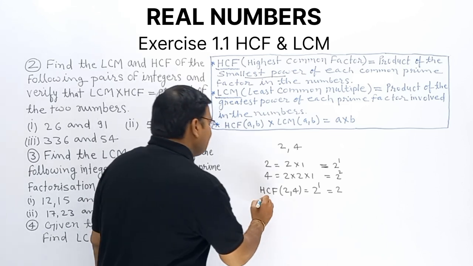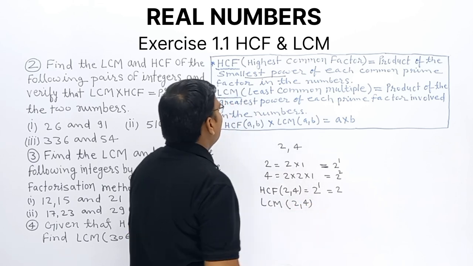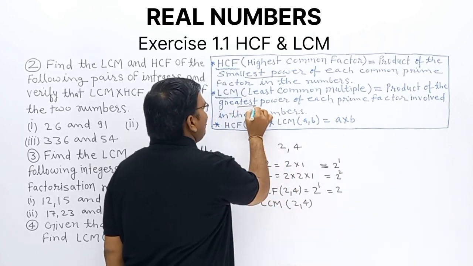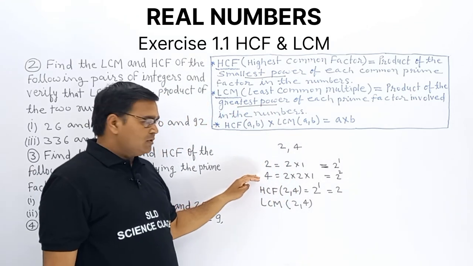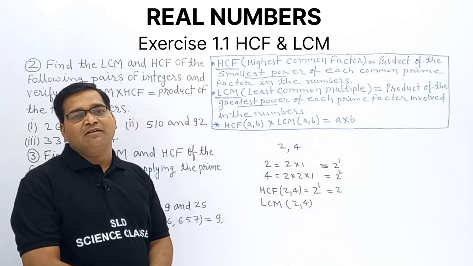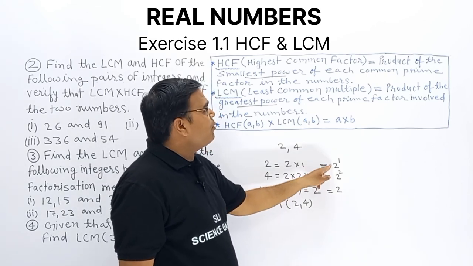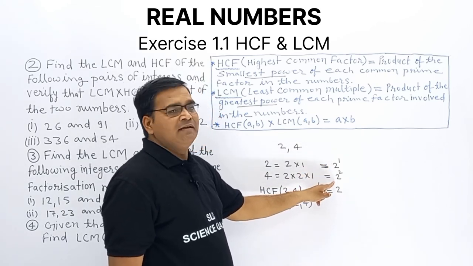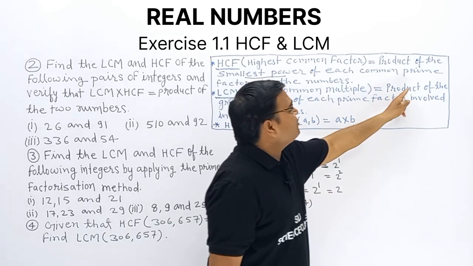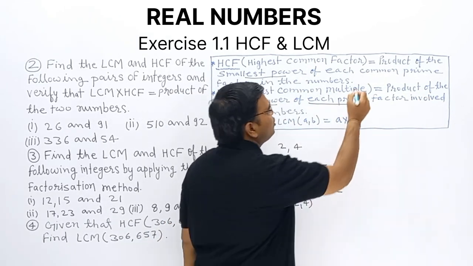But for the LCM of 2 and 4, what is the definition? Least common multiple: the product of the greatest power of each prime factor, not just common ones. In these two numbers we have only one prime factor, 2.